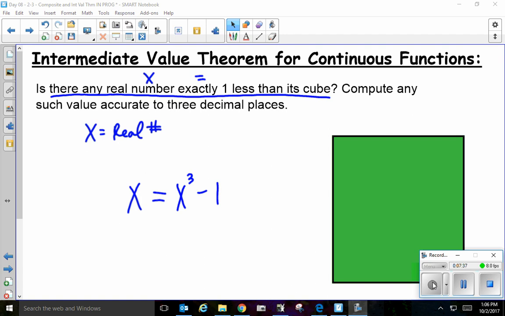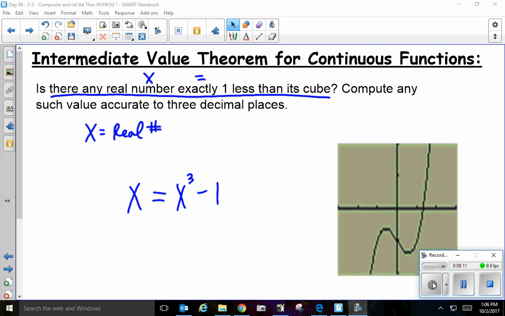If I'm looking for the 0, which is also the solution, the roots, the x-intercepts, I would do both sides. You can, but then you've got an x on both sides. I won't even do that.